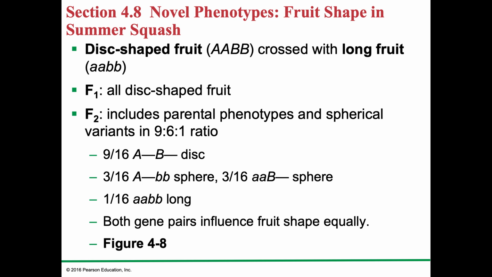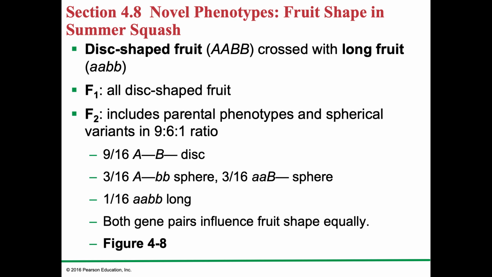So what happens in the F2 in this type of interaction is you end up with a novel phenotype that appears anytime you have a mix of one locus having a dominant allele and the other locus being homozygous recessive. Here, with big A, big B, both loci have a dominant allele.